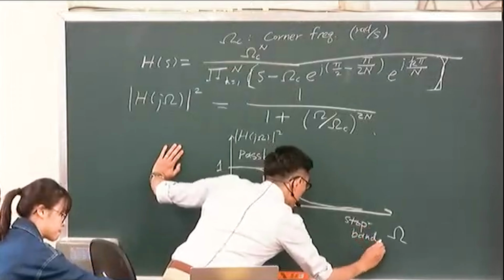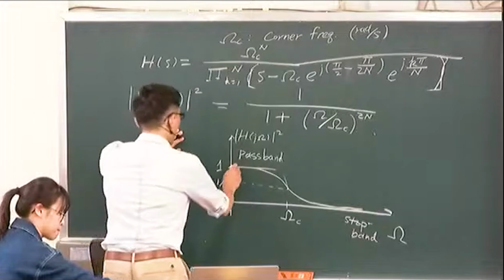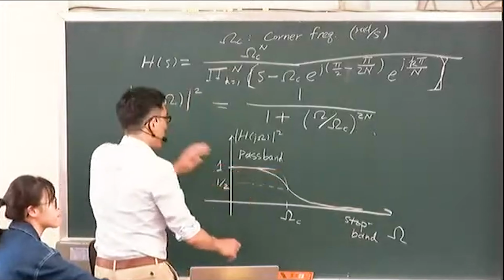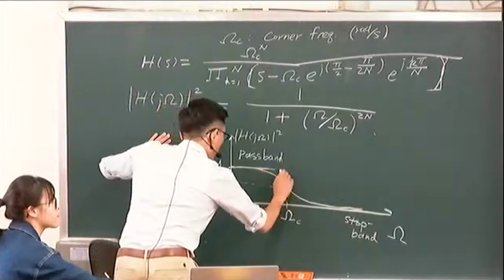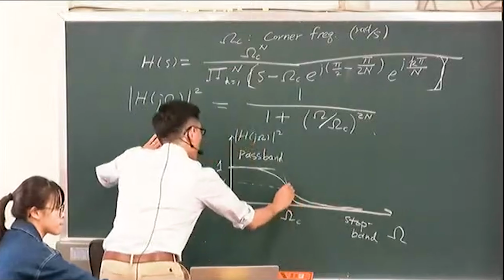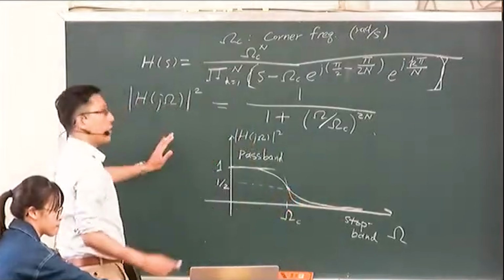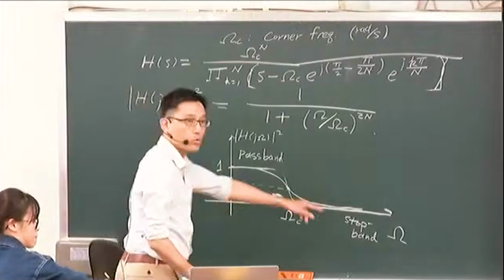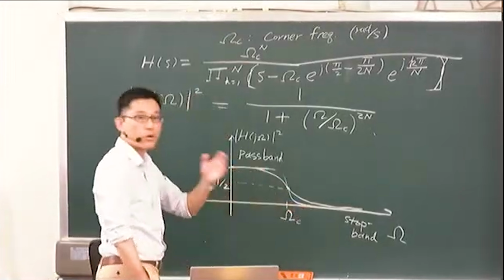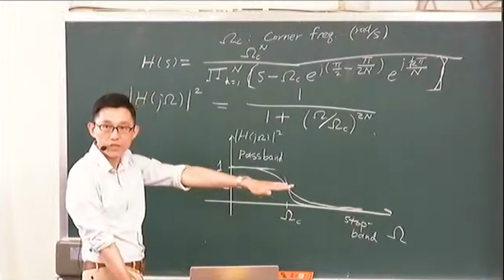So when n increases, we get an even flatter, more leveled pass band, and the transition is going to happen more drastically, more rapidly. We have a faster transition from pass to stop, while the response in the pass band and the stop band are more leveled, more flattened.